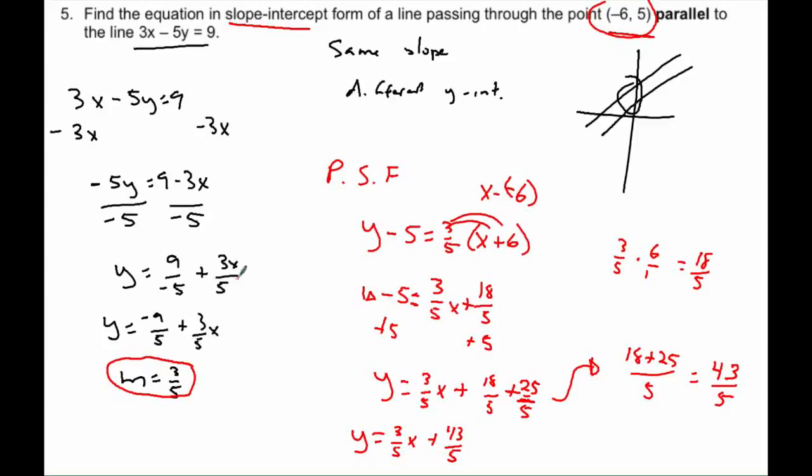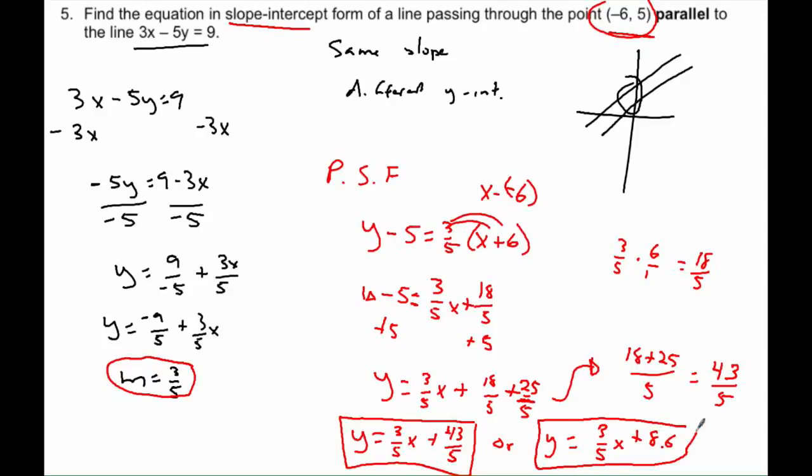Let's quickly change that into a decimal if you want. 43/5 becomes 8.6. So you can leave it as y equals 3/5 x plus 43/5, or you can say y is equal to 3/5 x plus 8.6.